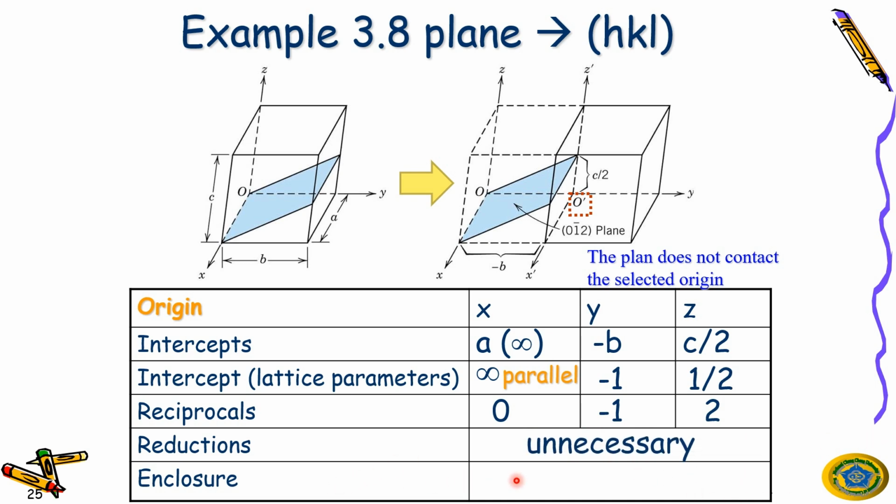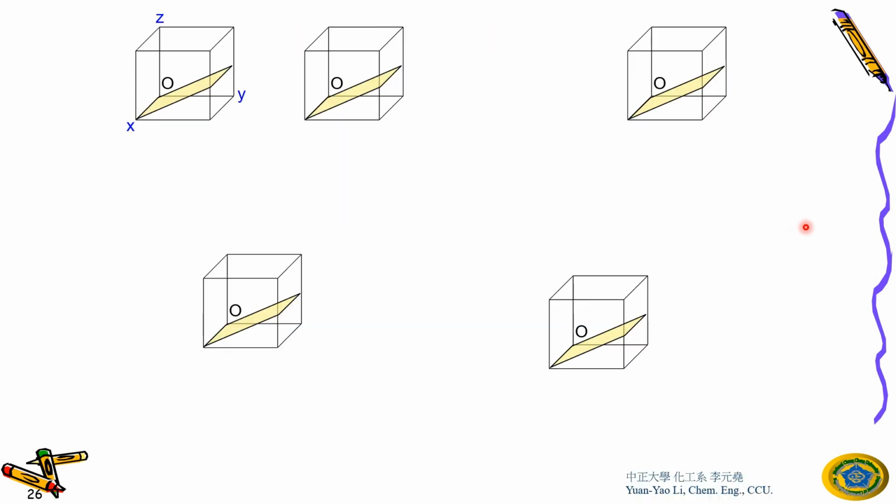After that, you use parentheses to enclose these 3 numbers. So bingo, this is the Miller index for this plane. Okay? No problem. So this is what we learned.